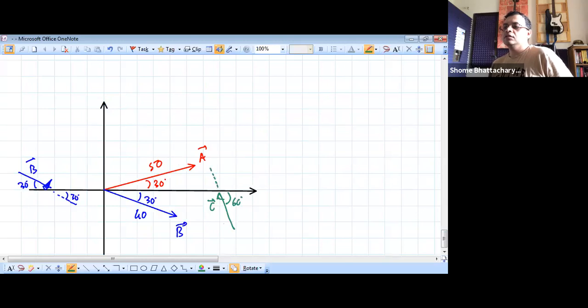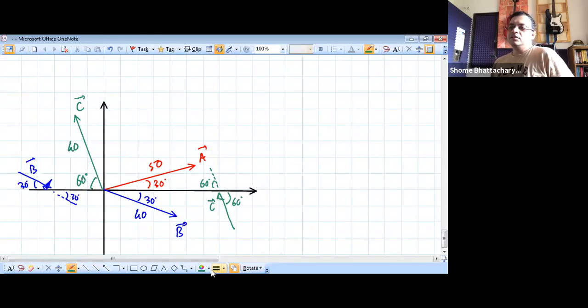So when I redraw C over here properly, how will that be looking? It will be looking like this. This will be the vector C, where this angle will be 60 degrees. And again, I think the magnitude was taken as 40. Okay.